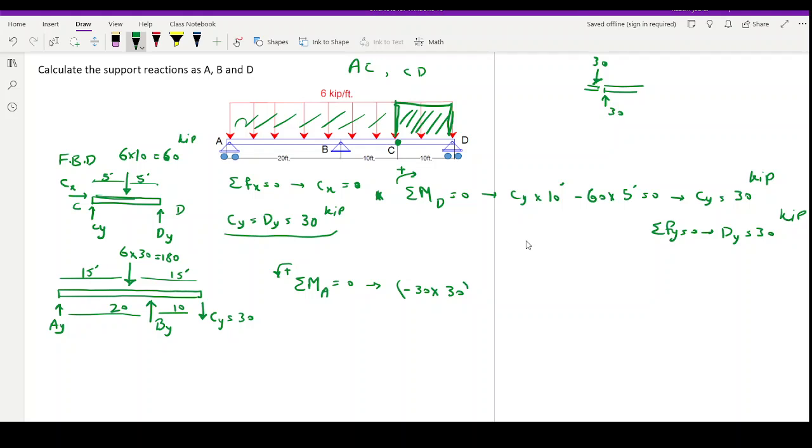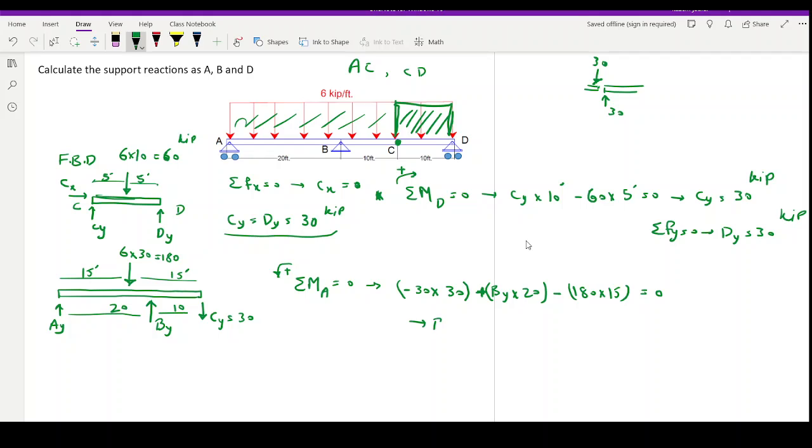Because it's acting in the opposite direction, therefore it's negative 30 times 30 plus By times 20 minus 180 times 15 is equal to 0.